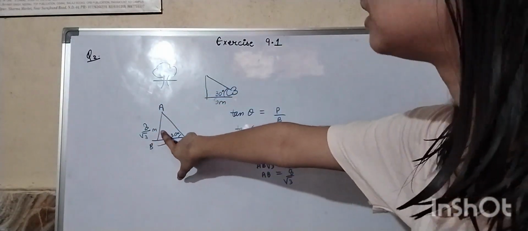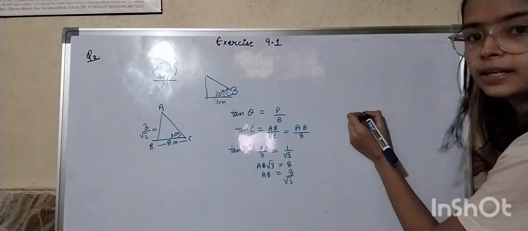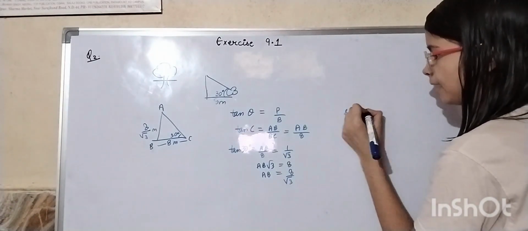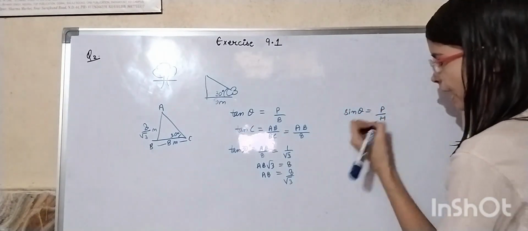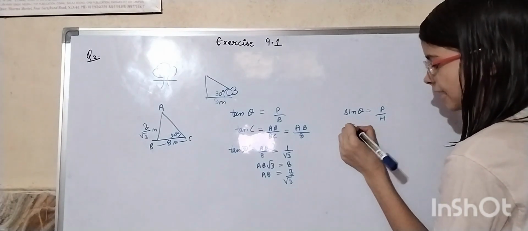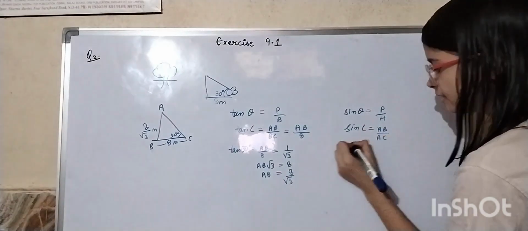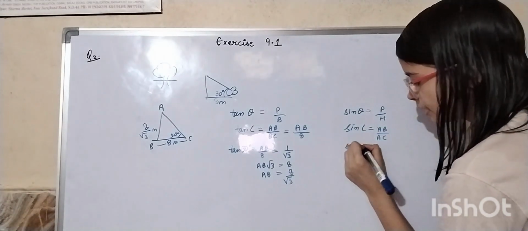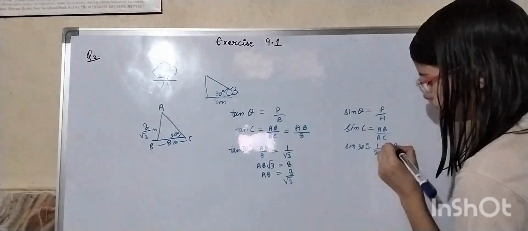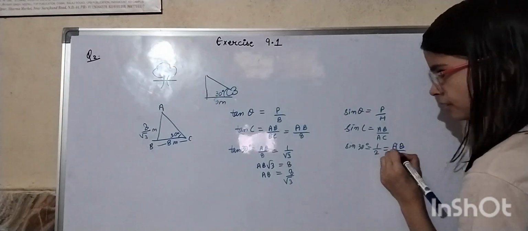So for AC we can use the formula of sine, that is perpendicular upon hypotenuse. So writing it the other way, sine theta is equals to perpendicular upon hypotenuse. So sine C is equals to AB upon AC, which is sine 30 degree is equals to 1 by 2, which is equals to AB upon AC.